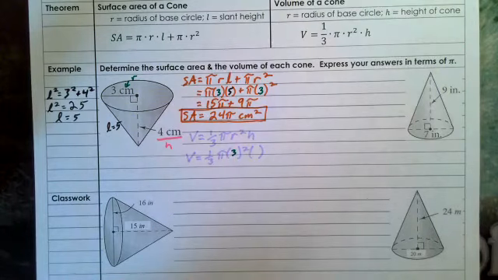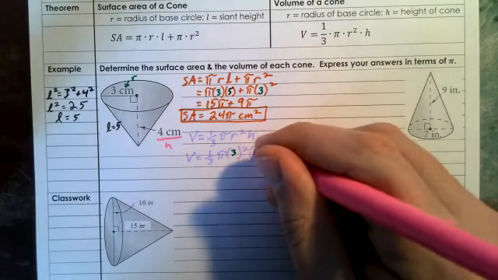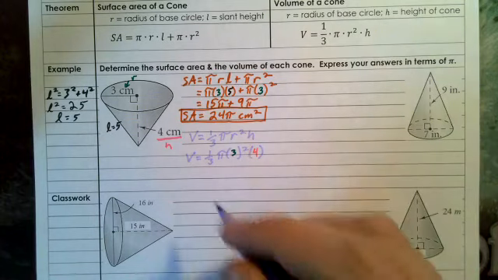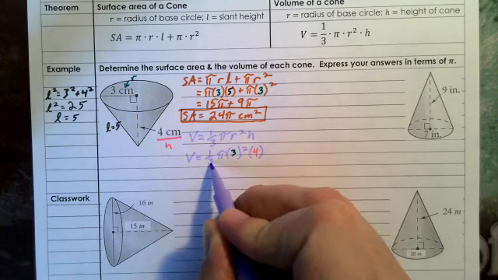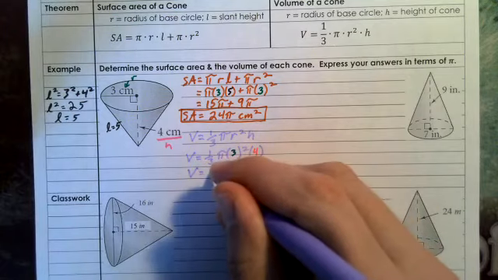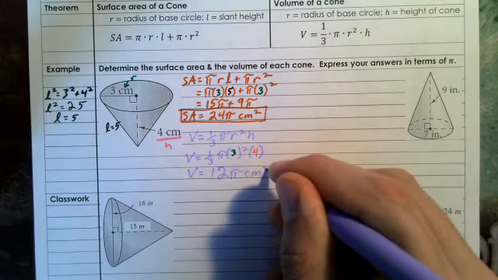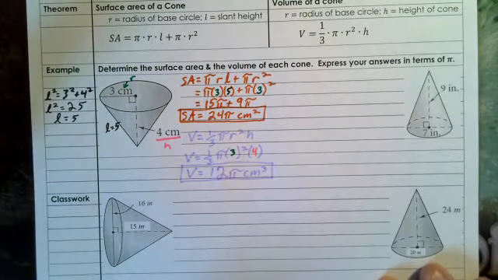And then our height is 4, not the slant height, our regular height of the pyramid. So that is 3 squared is 9, divided by 3 is back to 3, times 4. Our volume is 12 pi centimeters cubed. And we're done. That's it.